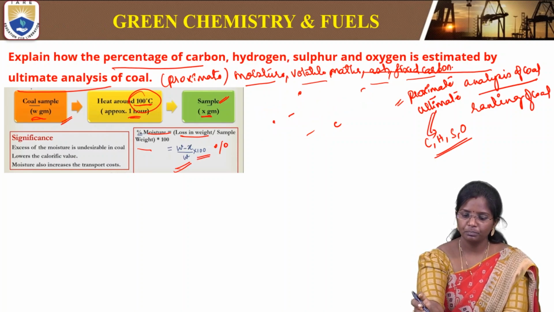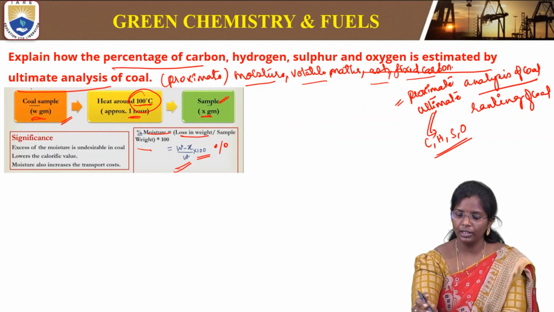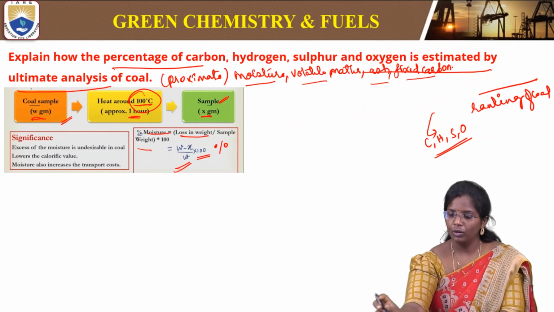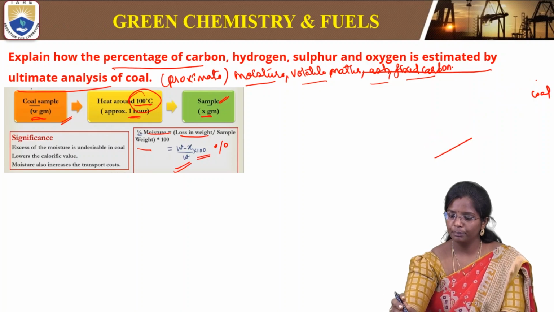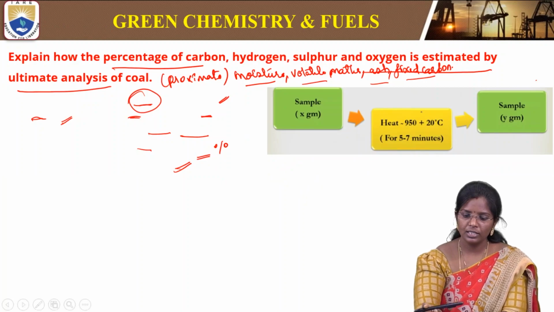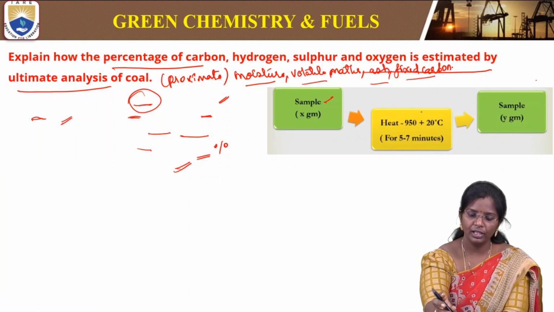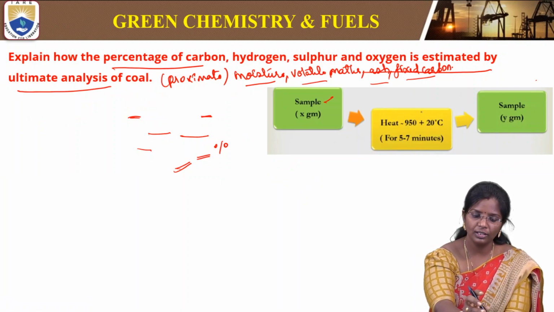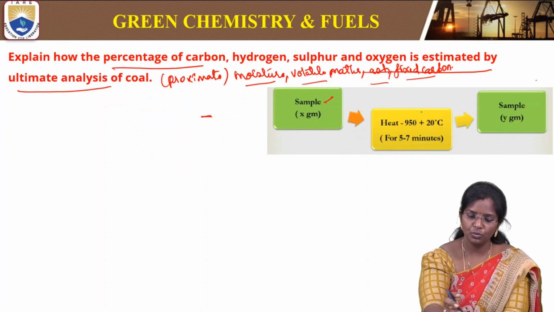Then we have volatile matter. In volatile matter, the volatile matter is removed by heating at some temperature. We have sample X, from which we have removed the moisture, so the same sample is used here.